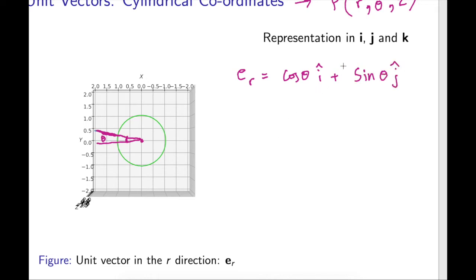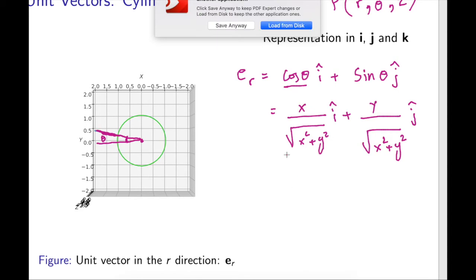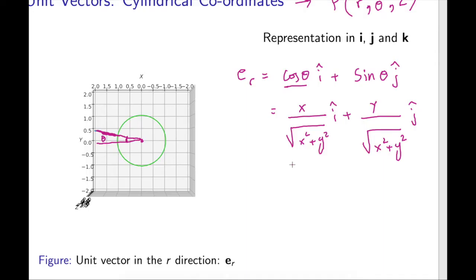But since we are talking about i, j and k, it's better to write cos theta as x over the square root of x squared plus y squared, i, plus y over the square root of x squared plus y squared, j. So this is my e of r.